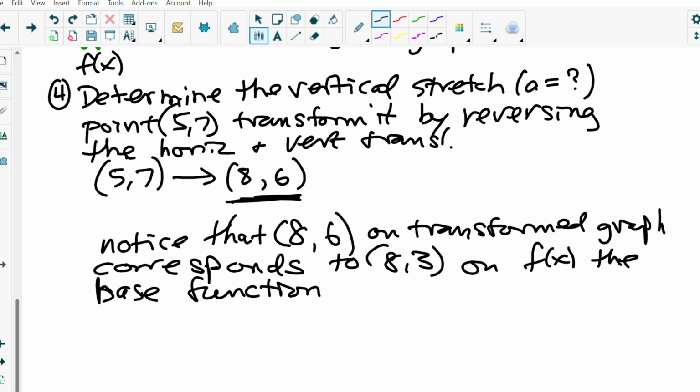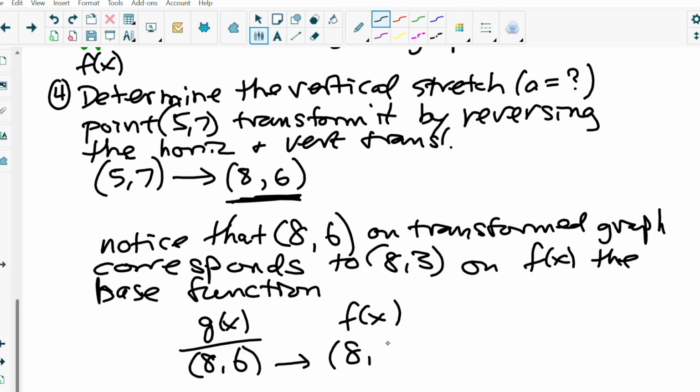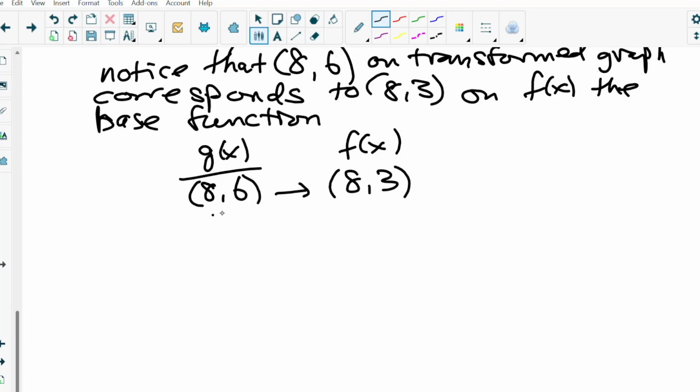Okay, now that we have a set of points as our reference, so if I have, let's call the transform function g of x, and I'm going back to f of x. Let's map this. What happens? If this is x, y, how am I transforming this? X is the same, so x is going to be like that. Y, I'm dividing by 2, so it has to be 1/2.